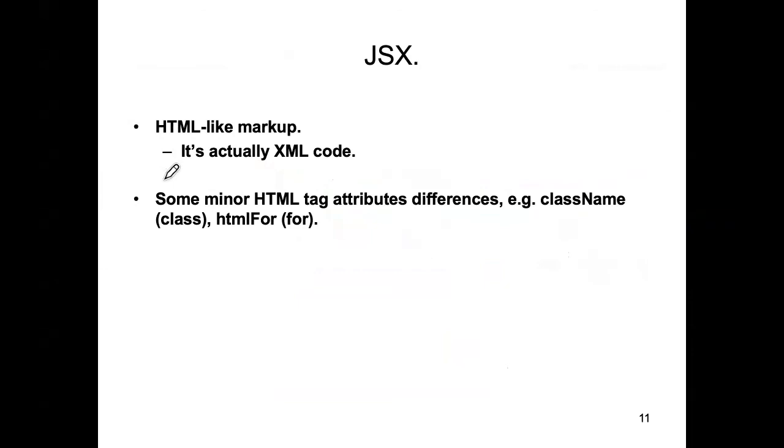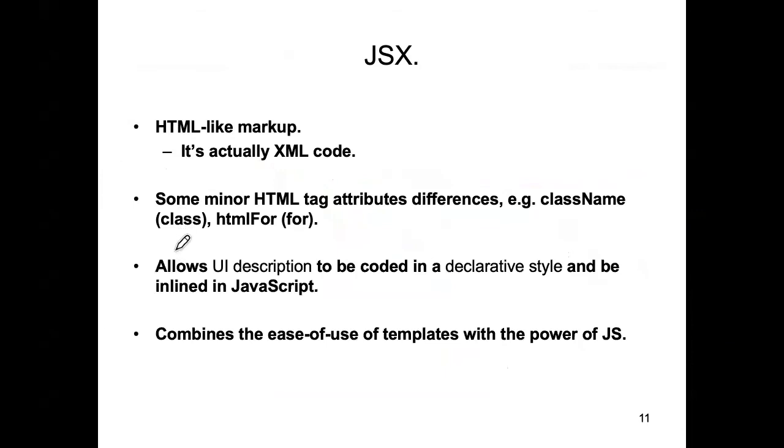So it is effectively HTML. And the benefit, as I already alluded to, is it now allows us to write our UI description in a declarative style rather than using an imperative approach. So we get the best of both worlds.